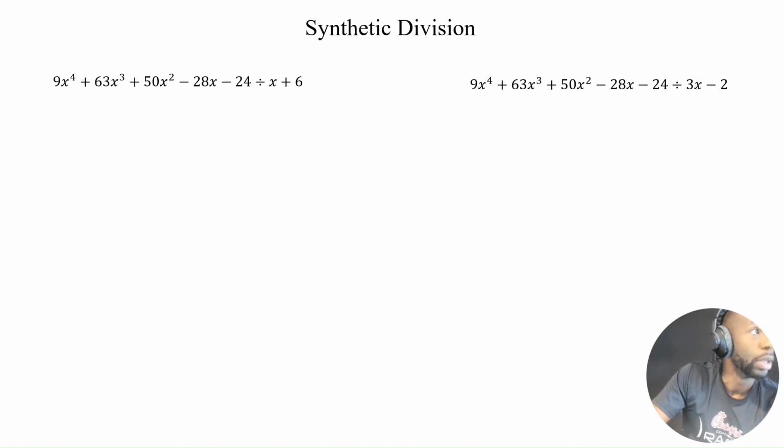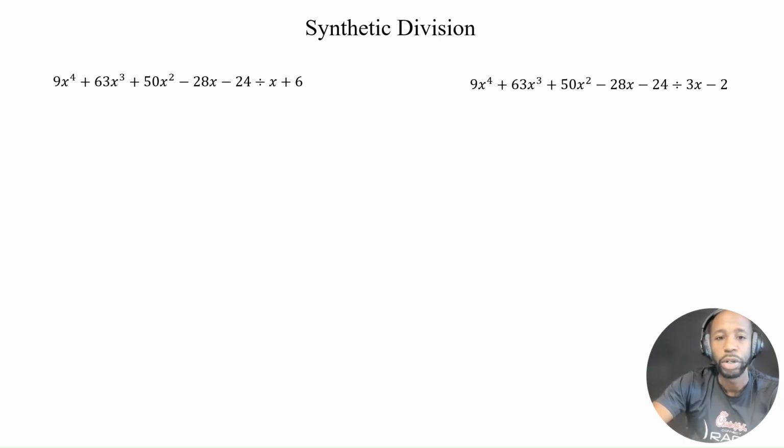This first one, we have 9x to the fourth power plus 63x cubed plus 50x squared minus 28x minus 24 divided by x plus 6. Now, here's the deal. When you do synthetic division, you're only working with the coefficients of the polynomial terms, and those are essentially being divided by the solution to x plus 6 equals 0.